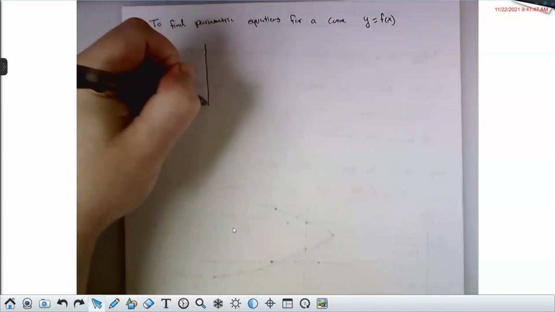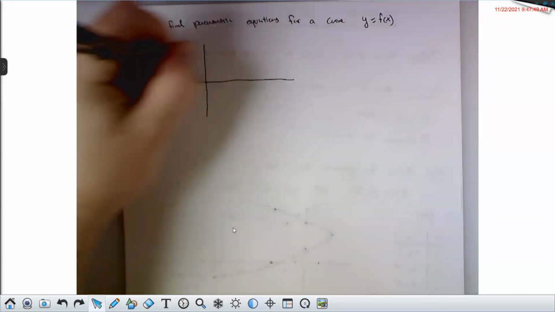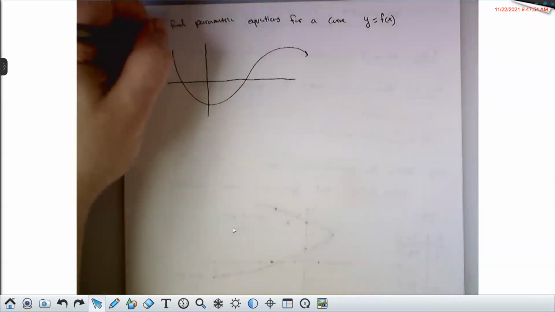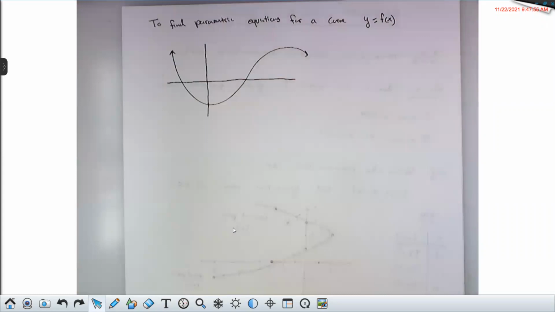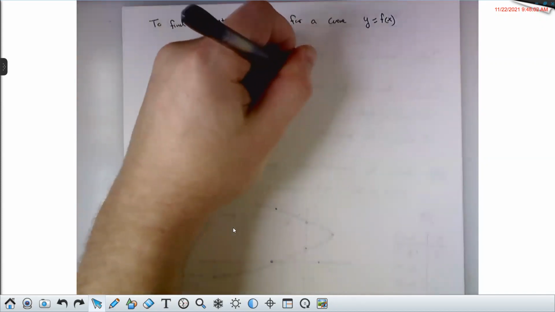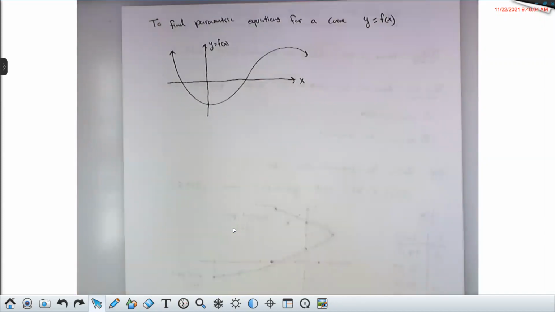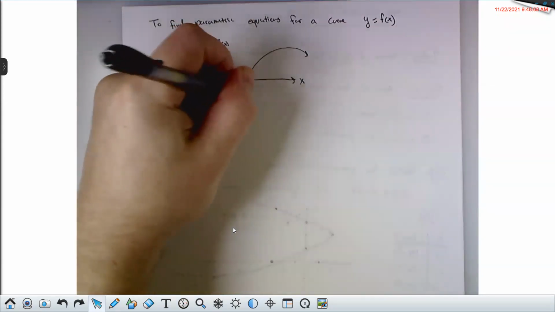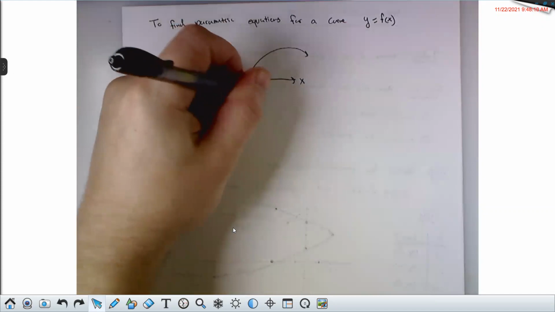So if your curve is the graph of a function, which oftentimes it will be, right? Most of the curves that we care about in this class are like that. Just remember that every point along such a curve is of the form x comma f of x.